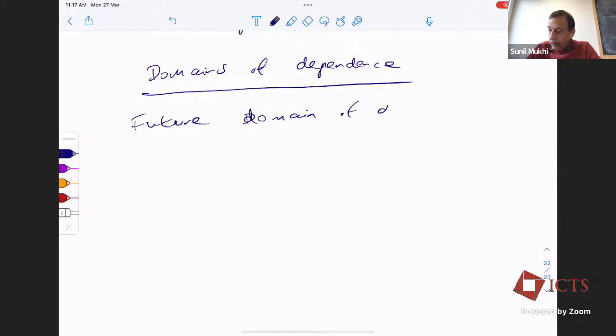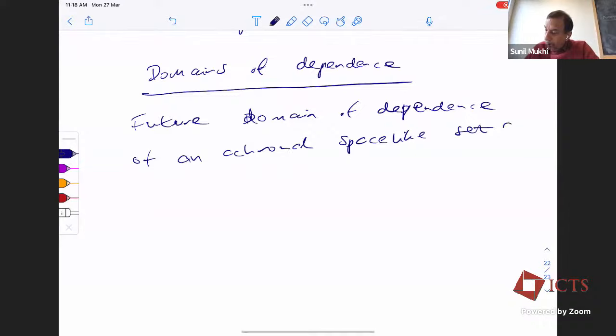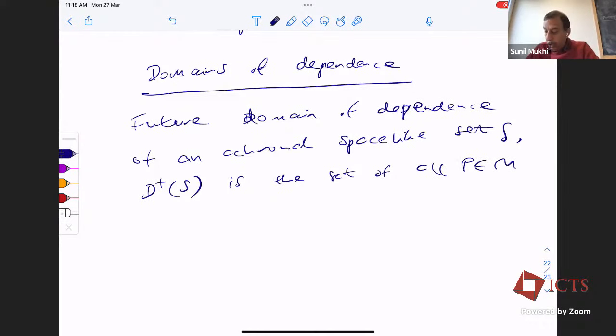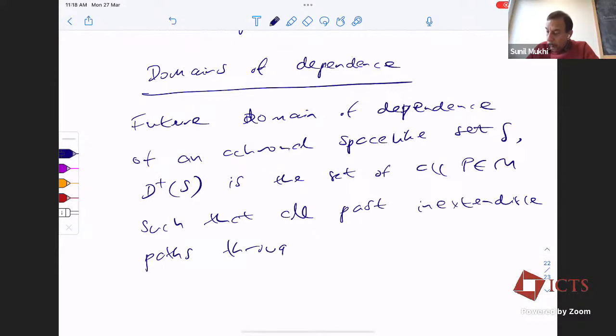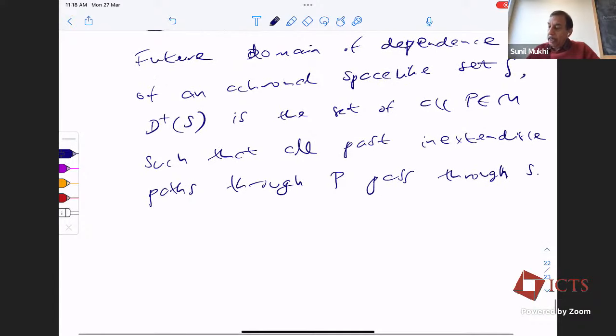The future domain of dependence of an achronal, again I'm taking space-like, set S, denoted D plus of S, is the set of all P in the manifold such that all past inextendable paths through P intersect, pass through S. So what I'm saying here is the following.